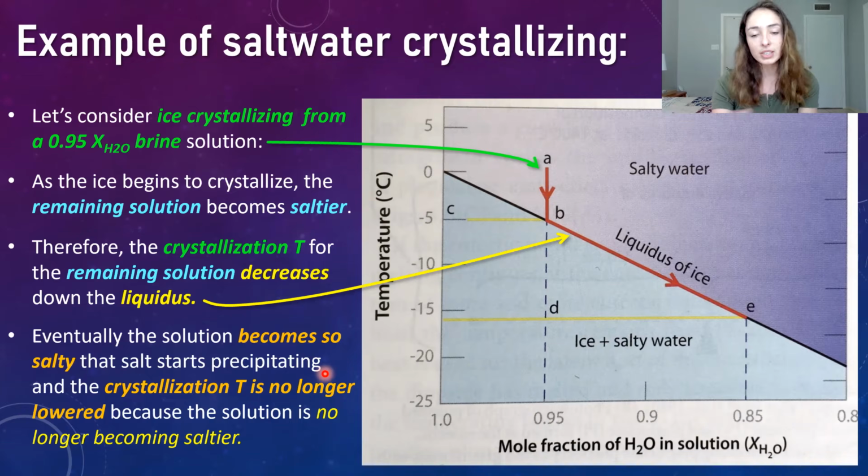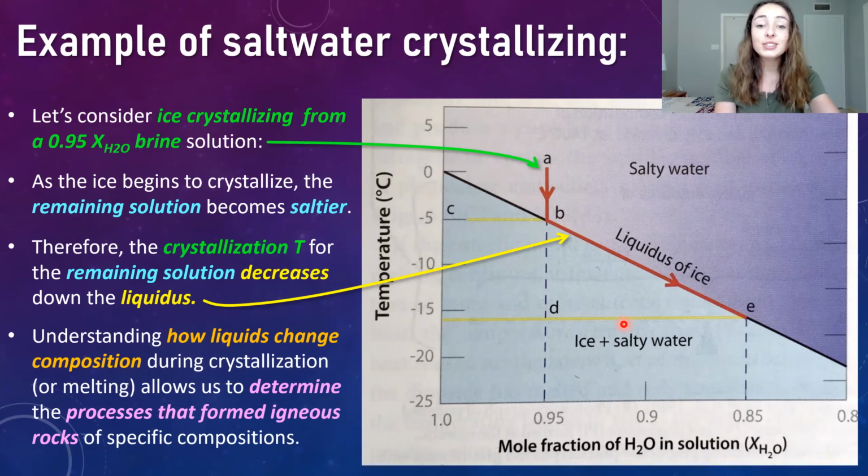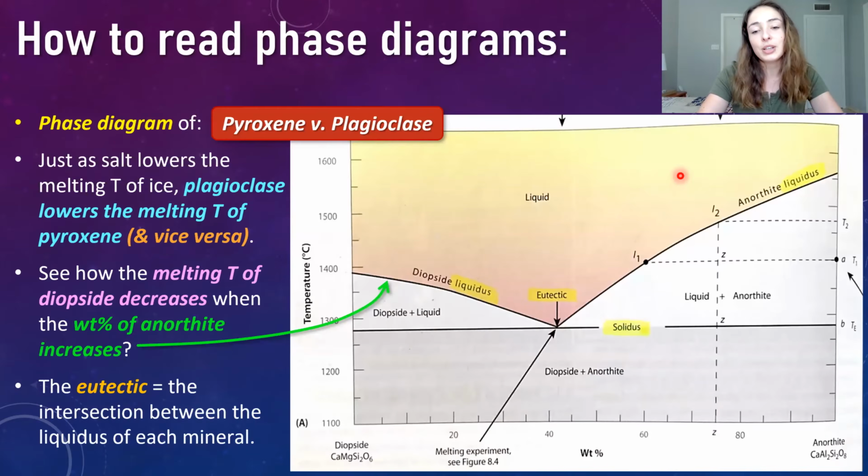In this case, we're looking at the crystallization of ice. So this understanding of how the liquid changes composition as it starts to crystallize allows us to determine the processes that formed igneous rocks of specific compositions. So let's actually start to look at some real mineral examples now so that we can get a sense for how we can use these phase diagrams.